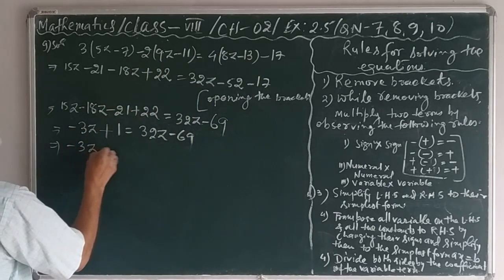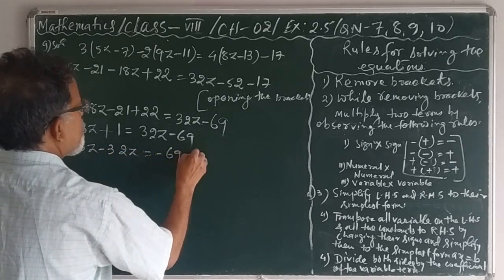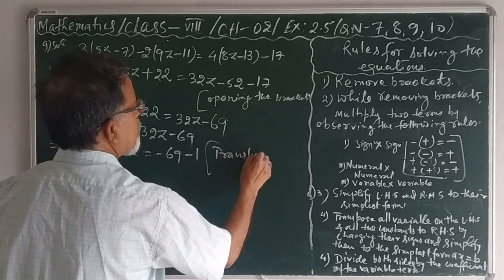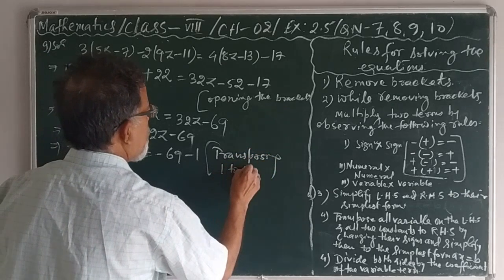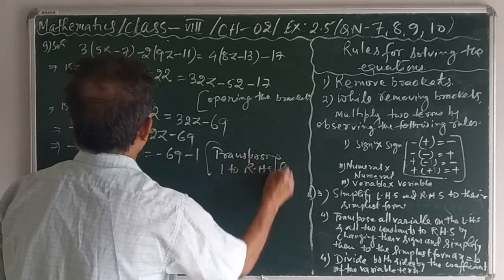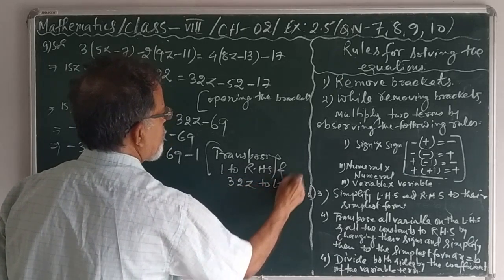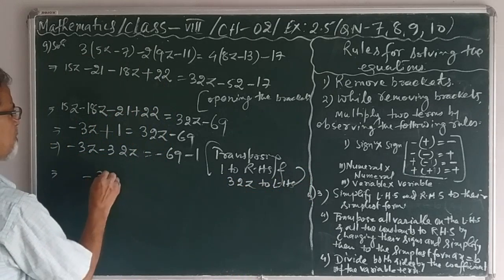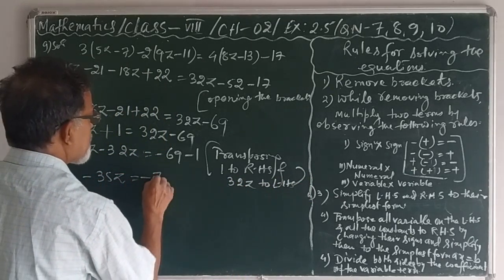Minus 3z minus 32z equals minus 69 minus 1. Transposing 1 to RHS and 32z to LHS, minus 3z minus 32z is minus 35z, and here minus 69 minus 1 is minus 70.